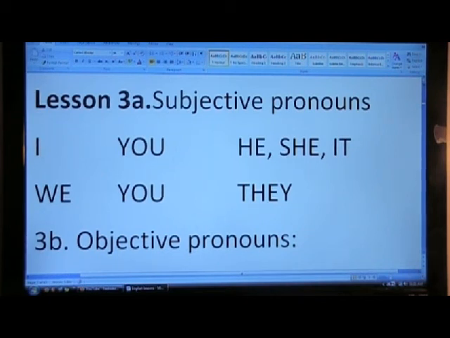These are subjective pronouns: I, you, he, she, it, we, you, they. We can say I work, you play, he sits, we work, you eat, they dance.